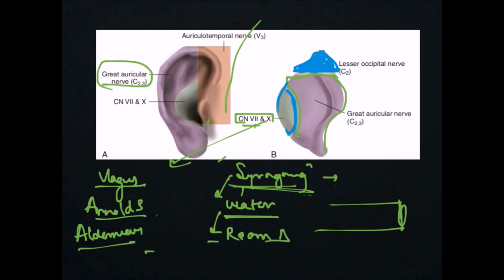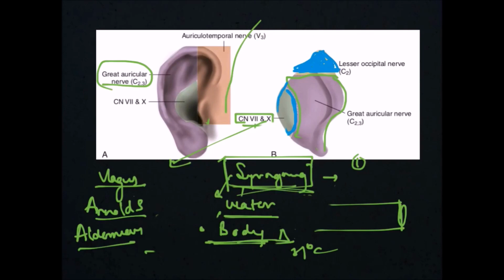We cannot use any other temperature because it will lead to unnecessary stimulation of the Arnold nerve and thereby an intense cough reflex. Sorry, I said room temperature earlier, it's not room temperature, it's body temperature. The temperature of the water should be equal to the body temperature, that is 37 degrees Celsius.